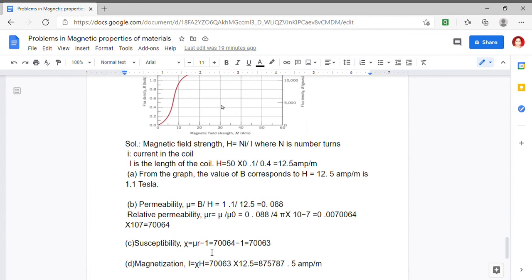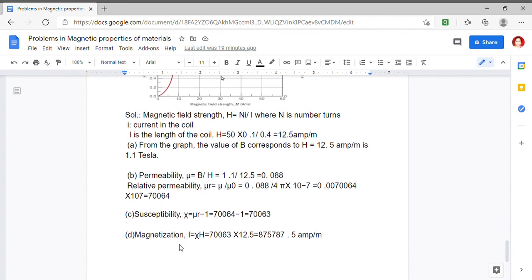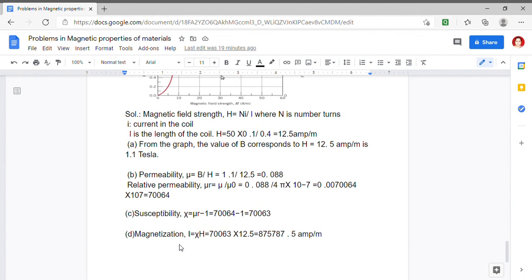This minus 1 will give us the susceptibility of our magnetic material. The last unknown parameter is magnetization, which has a formula I equal to chi into H. The chi has already been determined and H has also been determined. So using the data, we can find the value of magnetization.